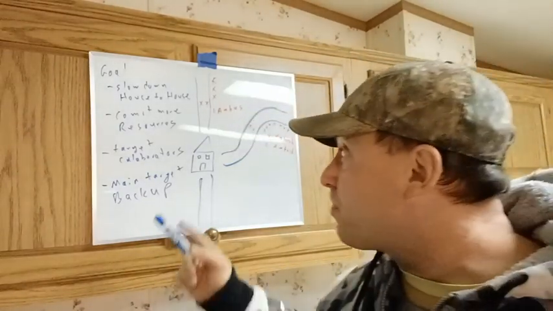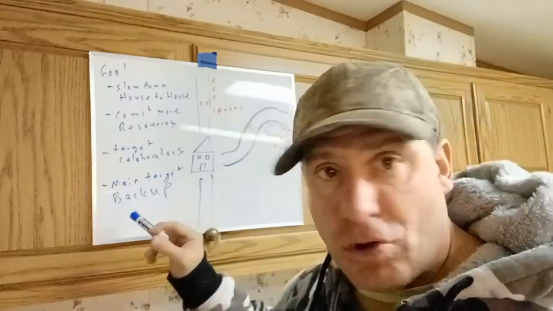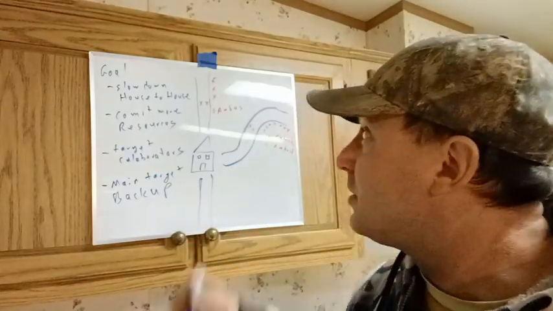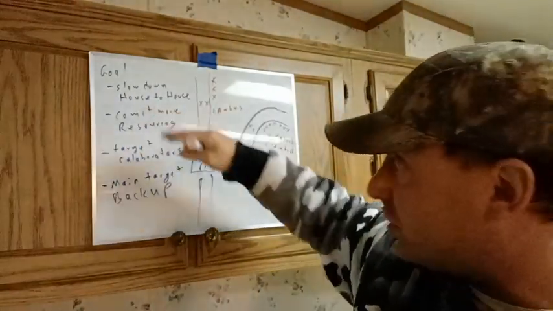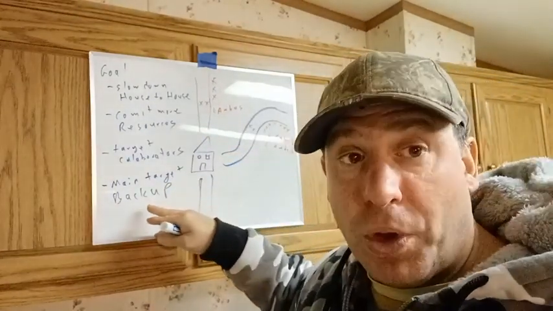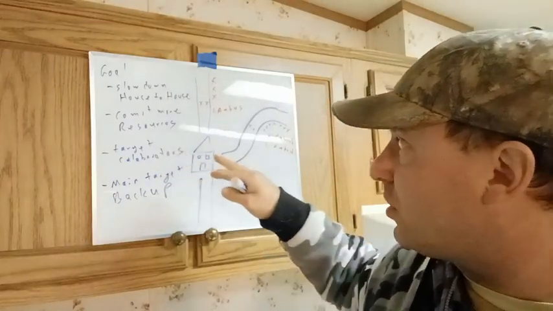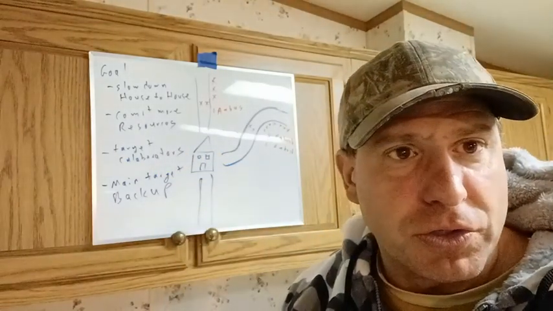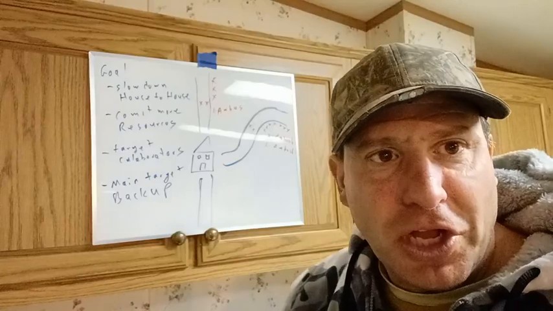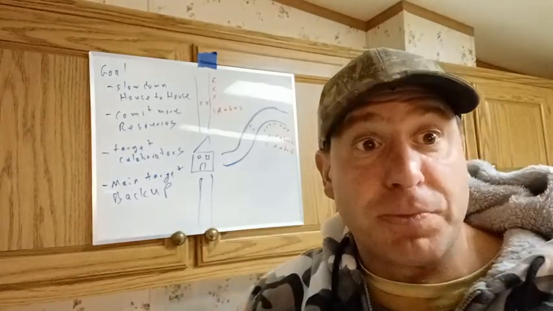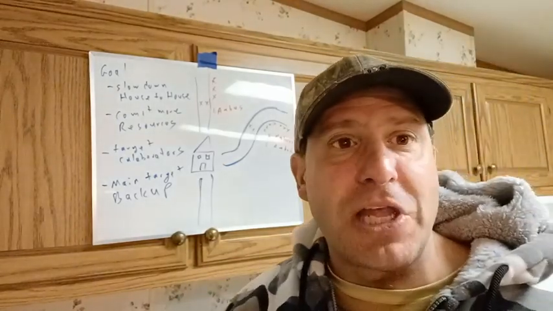And finally, the main target of this, in addition to all this, one of the ways that we're going to achieve this is not just by targeting the Soviets that are doing the actual search and seizure, but specifically we're going to target the backup.